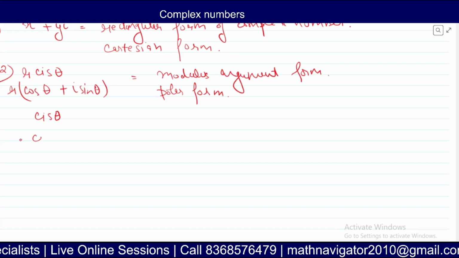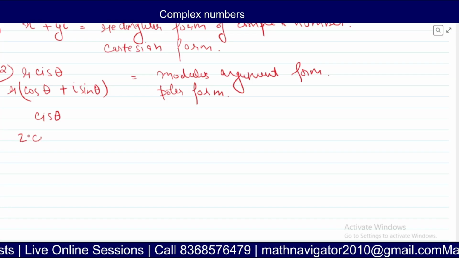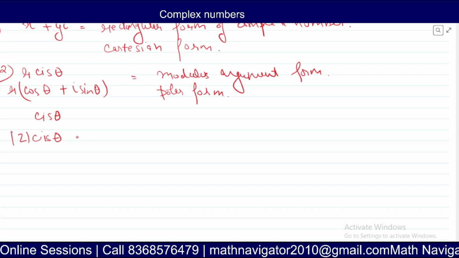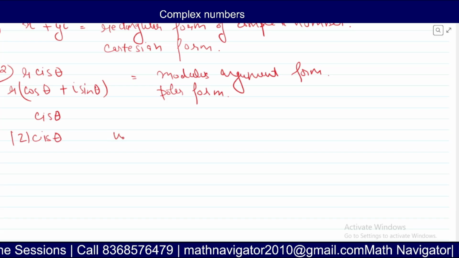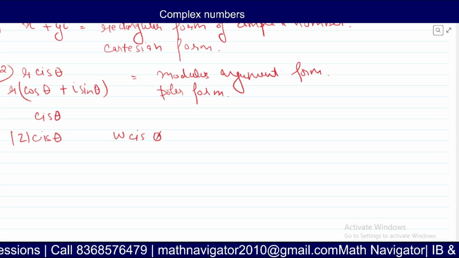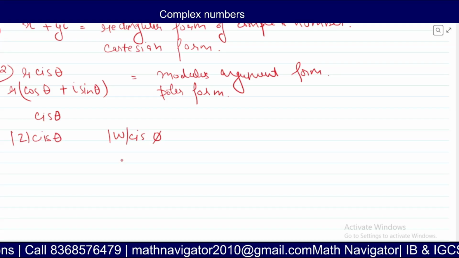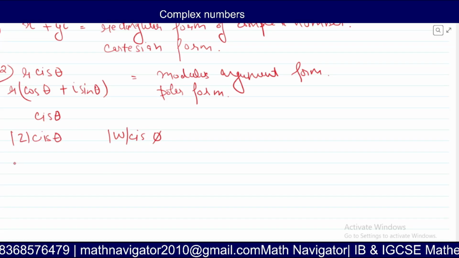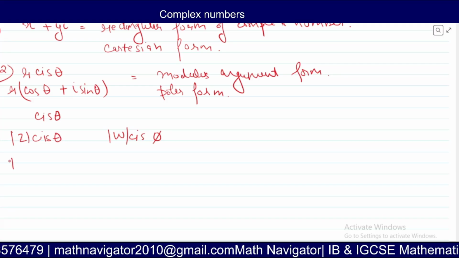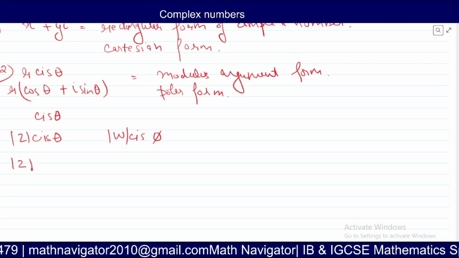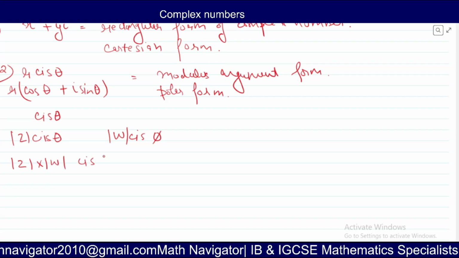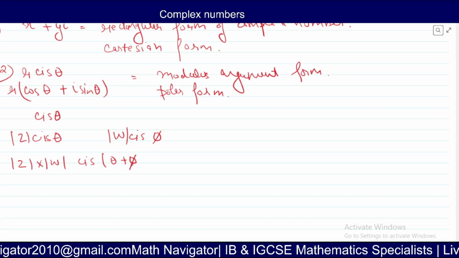Let's call it z cis theta and w cis phi. z and w are the magnitudes of the complex numbers. So if I want to multiply these two numbers, it will be z times w times cis of theta plus phi.